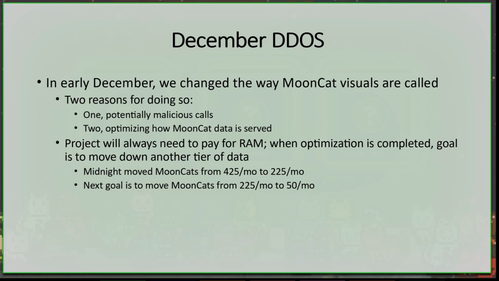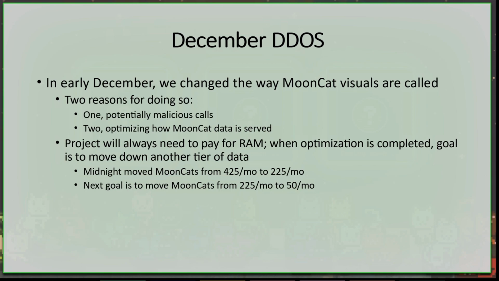As part of Midnight and I taking over MoonCats predominantly, we did already move down one tier of data. Ideally, our next goal will be to move down another tier, because the more tiers we move down, the slimmer the costs get.